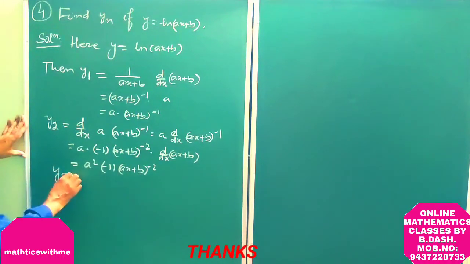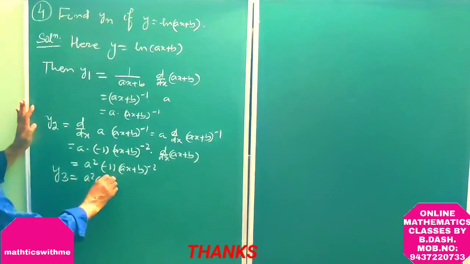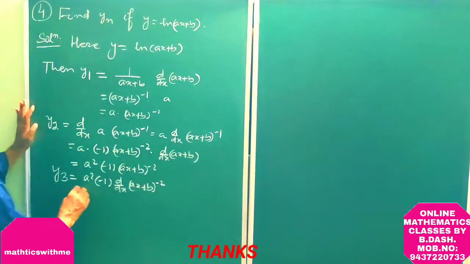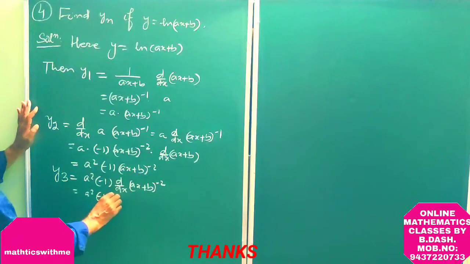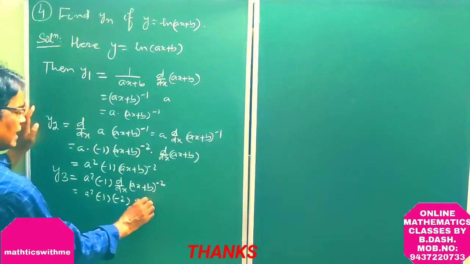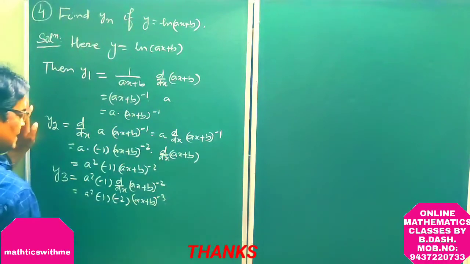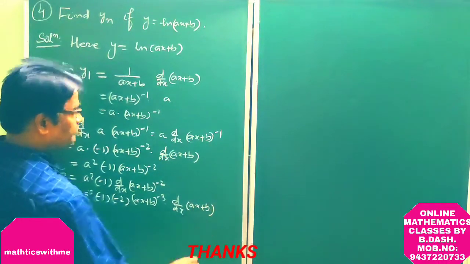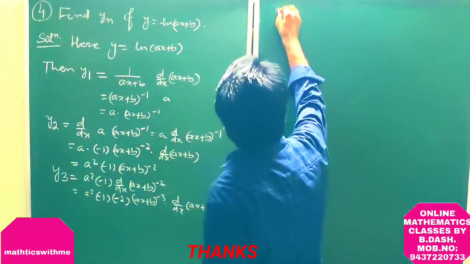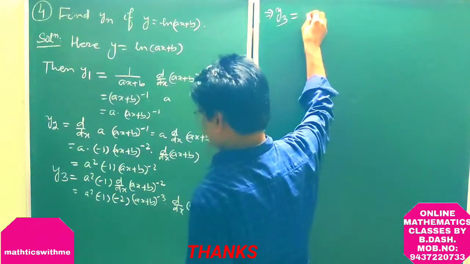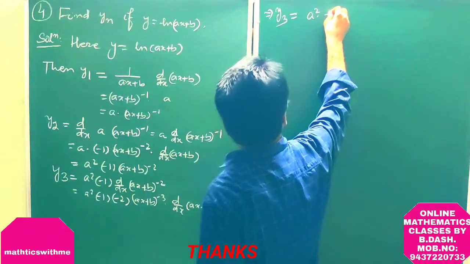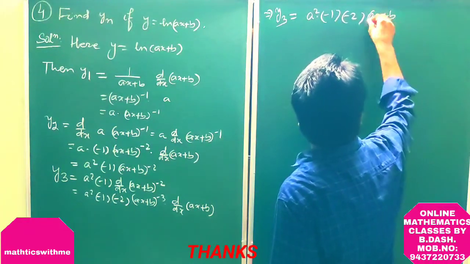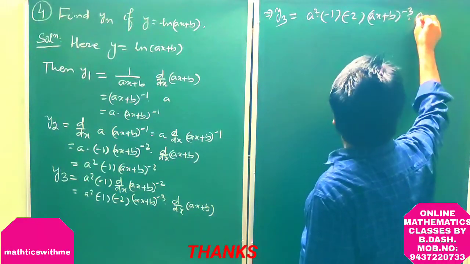Now y3: this is a squared (-1) times the derivative of (ax + b)^(-2), which is equal to a squared (-1)(-2)(ax + b)^(-3), then d by dx of ax + b, which gives us y3 equal to a squared (-1)(-2)(ax + b)^(-3) into a.